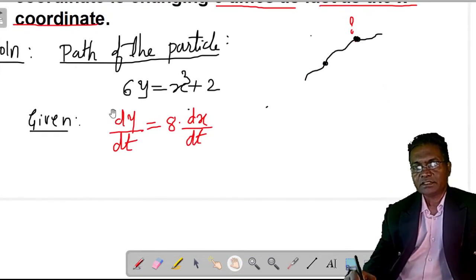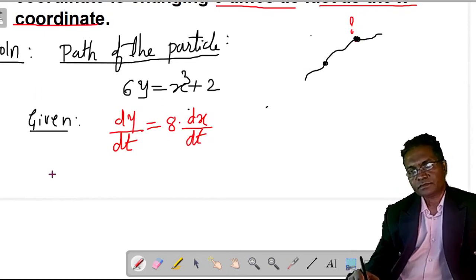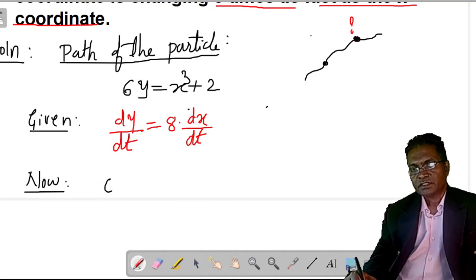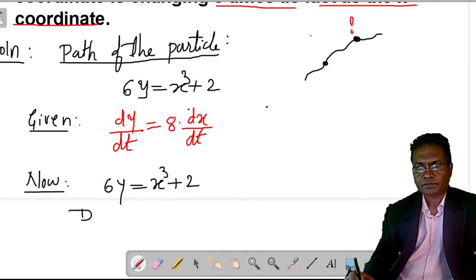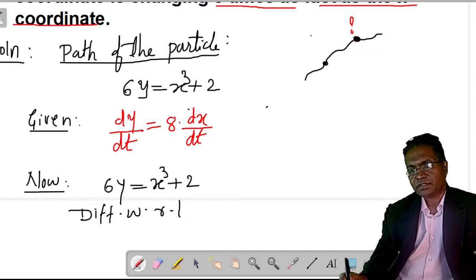Okay, so now six y is equal to x cube plus 2. Differentiate with respect to t, because we need to use this. Using this you need to find coordinates.